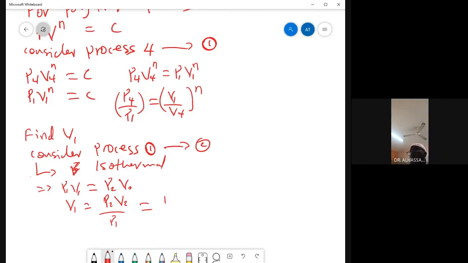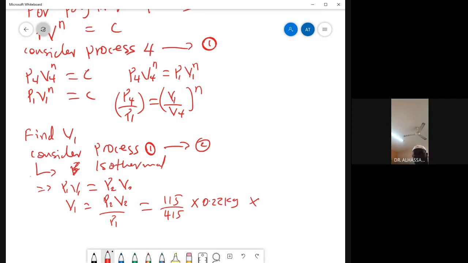So I'll have 115 divided by 415 as usual, then multiply by 0.22 kilogram of the gas times the specific volume.